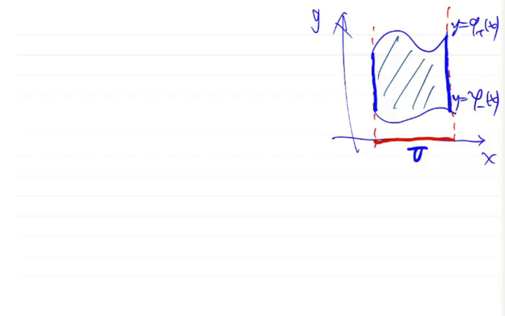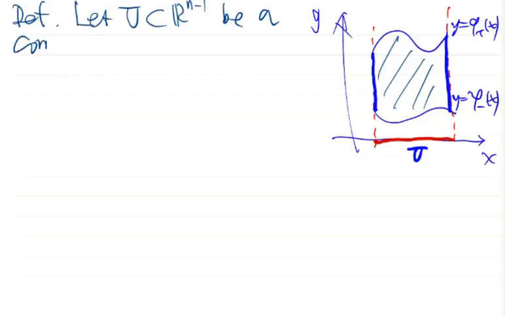So, we give a definition. Let U be a subset of R^(n-1). This is compact, sequentially compact. That is bounded and closed. We simply call compact.